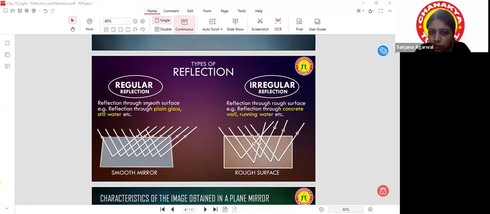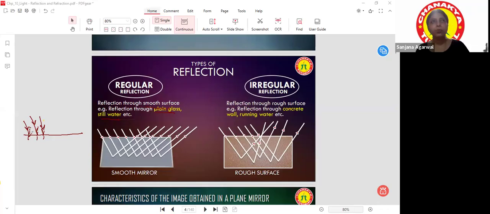So, reflection through a smooth surface, that is plain glass or still water. Whenever the surface is absolutely plain with no bumps and depressions, if we allow a parallel beam of light to be incident upon the surface, at every point the normal, that is, the perpendicular line at each point of incidence, is the same.